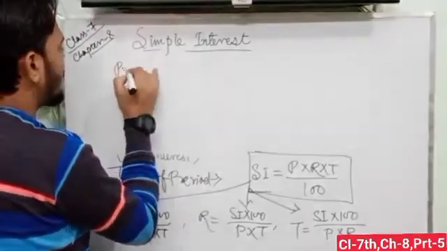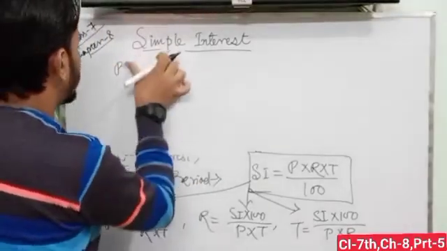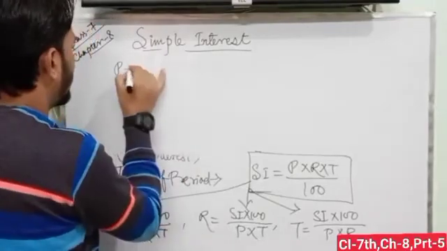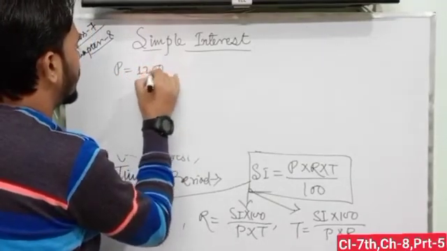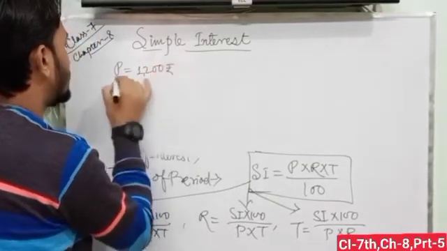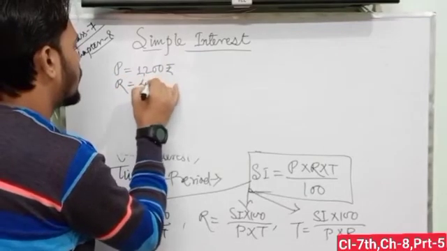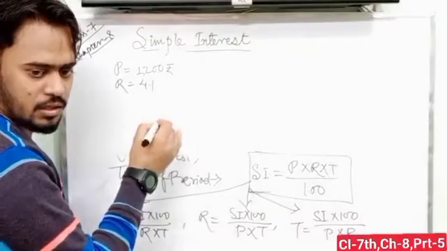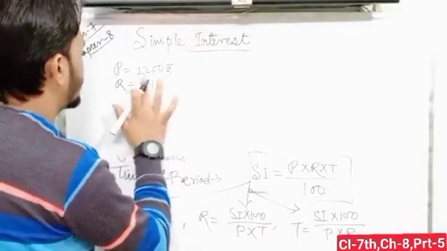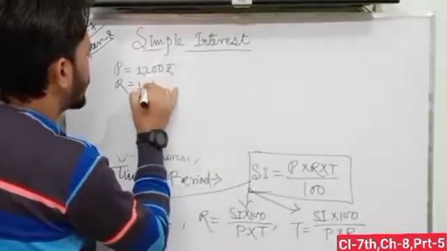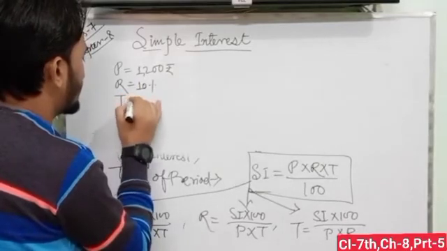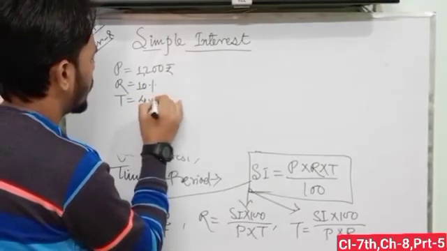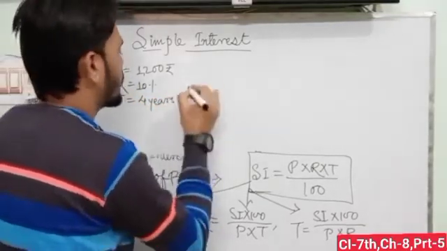So we can see that here P is equal to 1200 rupees, rate is equal to 10%, and time is equal to 4 years.